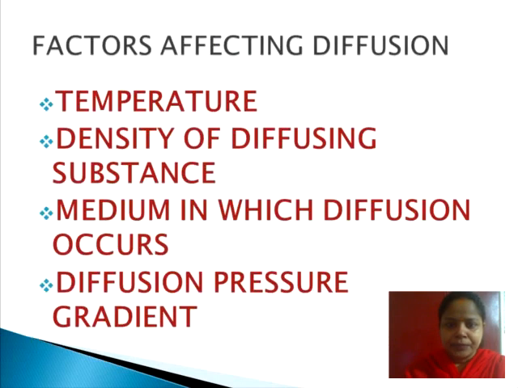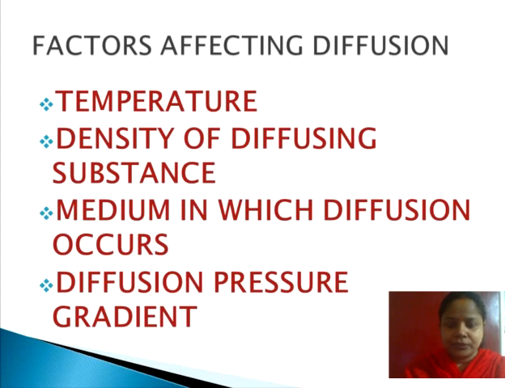Now, we come to certain factors that affect diffusion. Some of these factors are temperature, density of the diffusing substance, the medium in which diffusion occurs, and the diffusion pressure gradient. Temperature: as the temperature is increased, the kinetic energy of the molecules increases, so they move rapidly.